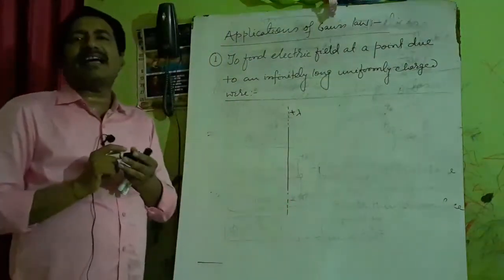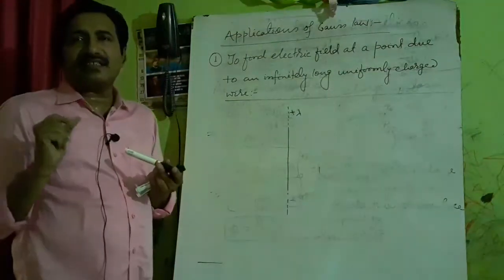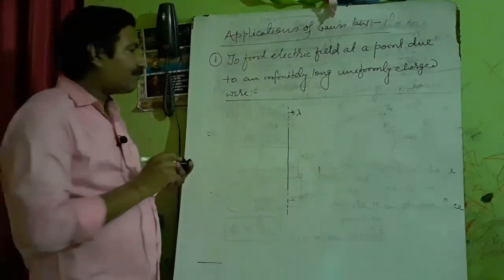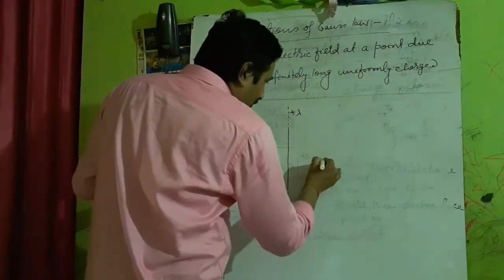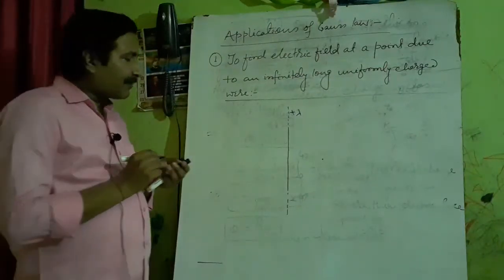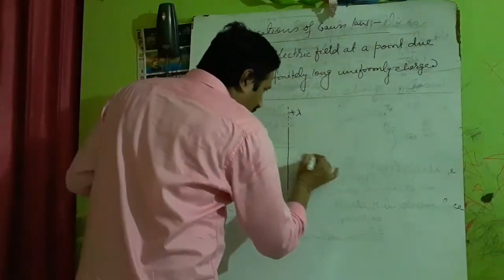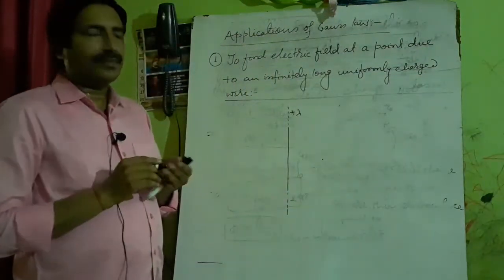It can also be minus lambda. Lambda means charge per unit length. Let us suppose this is the point where the electric field intensity is to be obtained. Suppose the electric field intensity at this point due to this line charge is E.